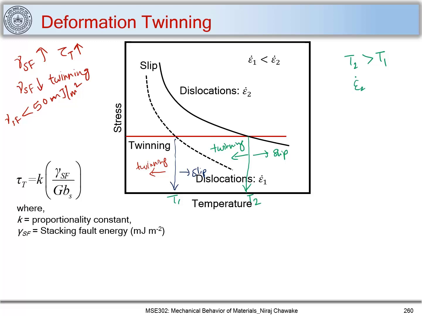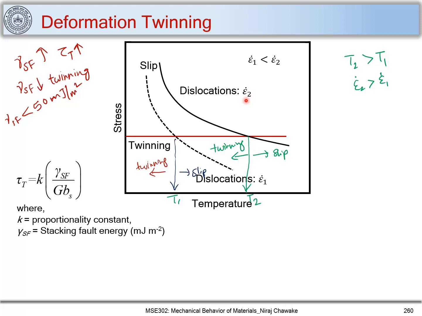and here epsilon 2 is greater than epsilon 1. Thus, if I increase temperature, slip will dominate, but if I increase strain rate, twinning can occur at higher temperatures too. So when there is a high strain rate deformation, twinning can occur at higher temperatures.